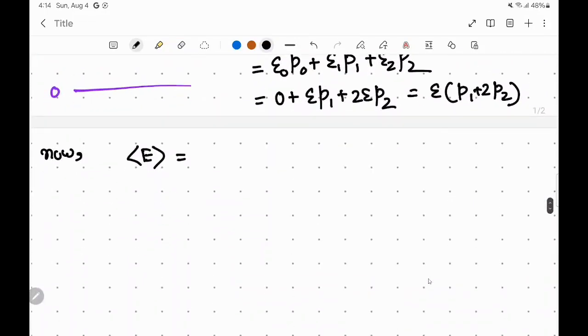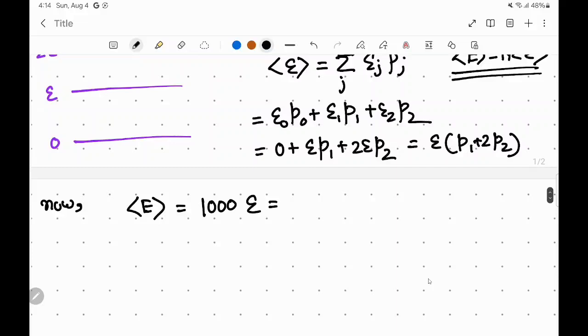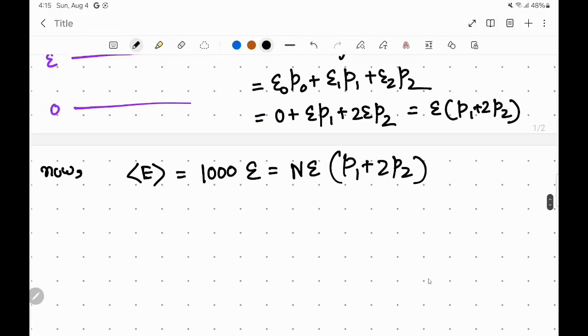So 1000 times epsilon equals this formula we have to use, because we have evaluated the average energy for one molecule. Then for N molecules, it will be N into epsilon (P1 plus 2 P2). So epsilon will be cancelled out.